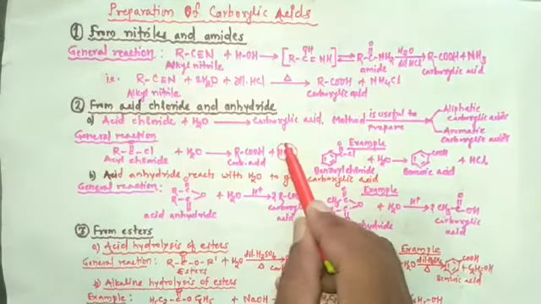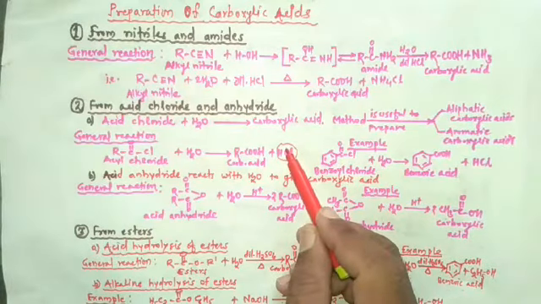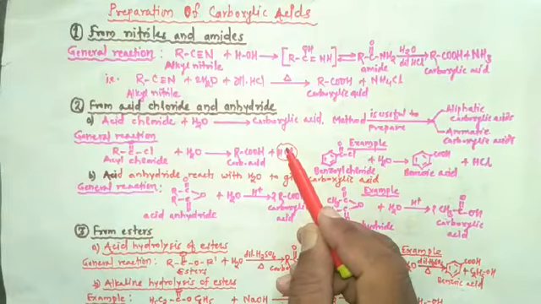HCl is formed as a byproduct, and this HCl is removed by using pyridine or NaOH.